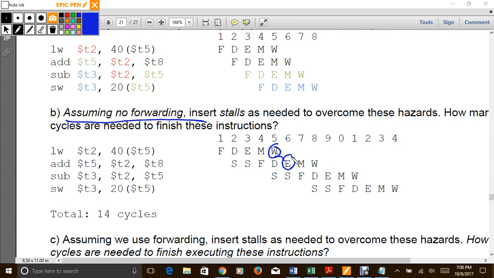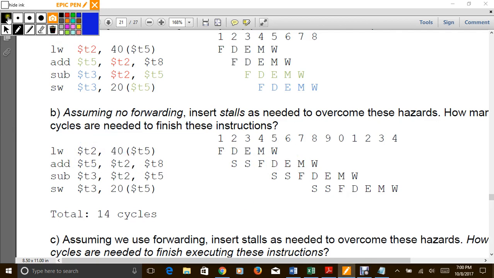If you recall the definition of pipeline stages, you could not complete the instruction one clock cycle after the previous instruction. Normally we'd have fetch, decode, execute, memory, and write back, but we can't do that because we have a hazard between T2 and T5.